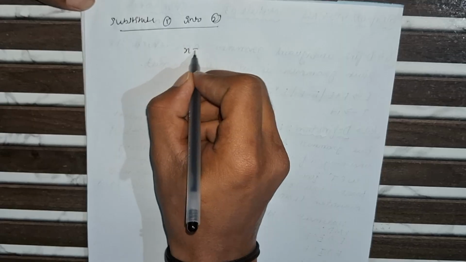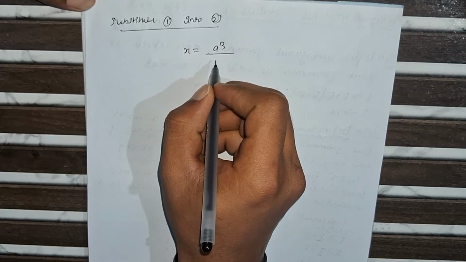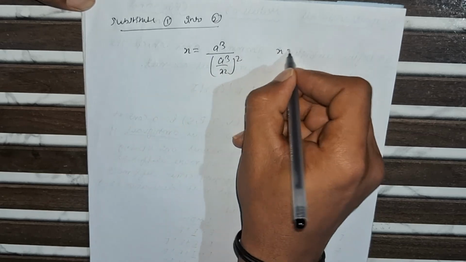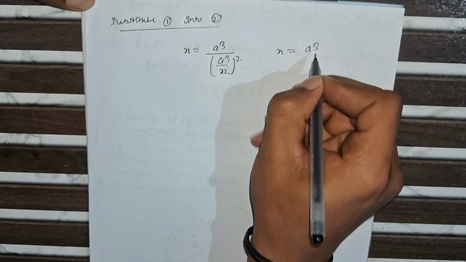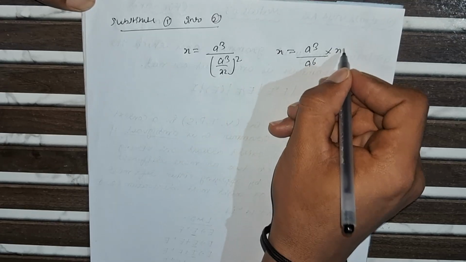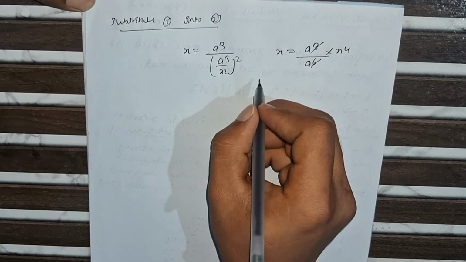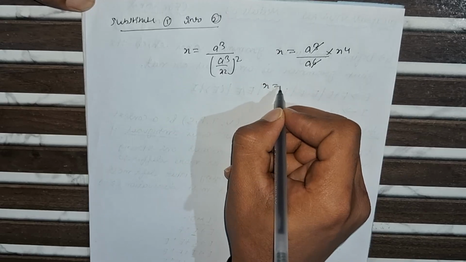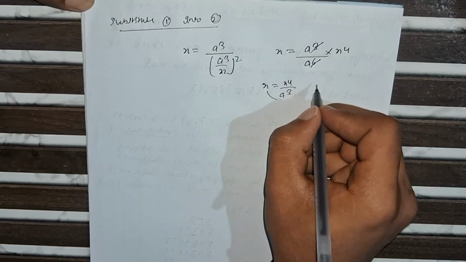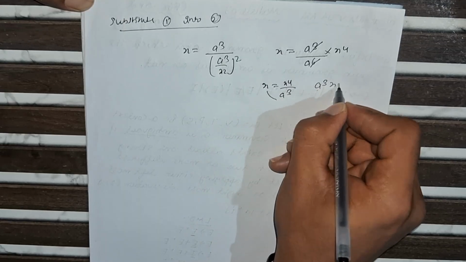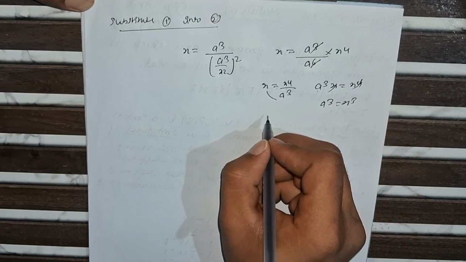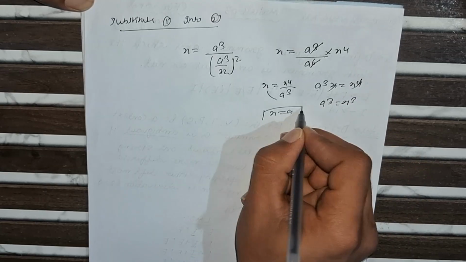So x equals to a³ over (a³/x²) the whole square. So it becomes x equals to a³ x⁴ over a⁶, and this is x to the power 4. So this will cancel out. It becomes x equals to x⁴/a³. So when you multiply it, it becomes a³x equals to x⁴. This will cancel out. So a³ equals to x³. So you can clearly see that x equals to directly a.